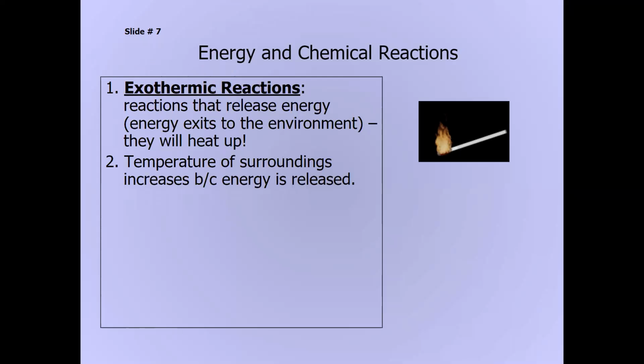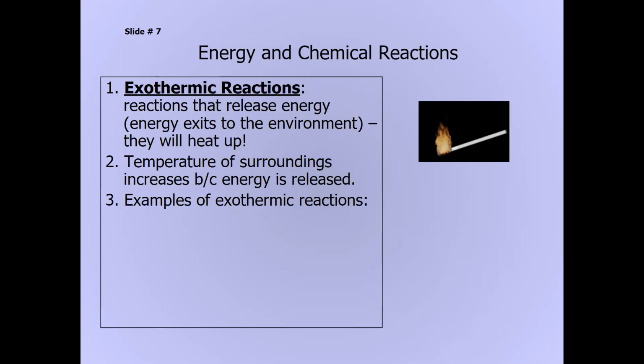So usually these are reactions that produce things like heat and light. So in general, because of the energy that is going out from these reactions, the air around where these reactions are happening heats up because it absorbs that energy. So that's where the heat comes from, the air absorbing the energy.